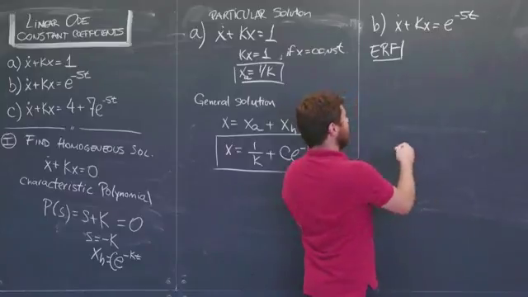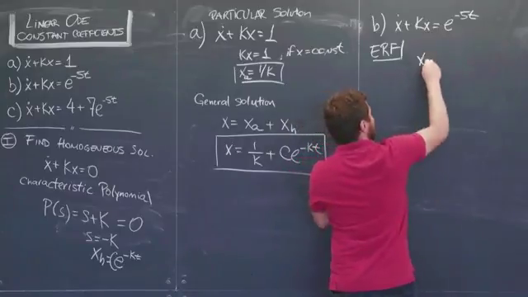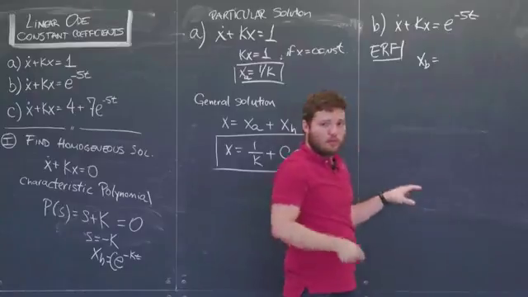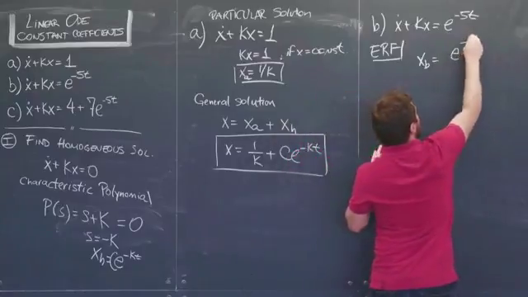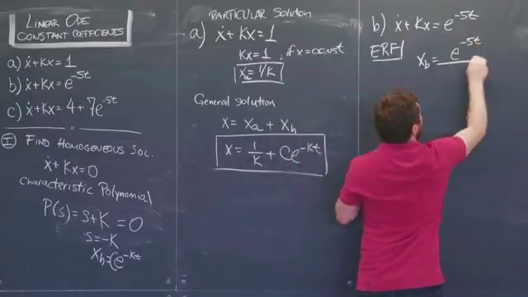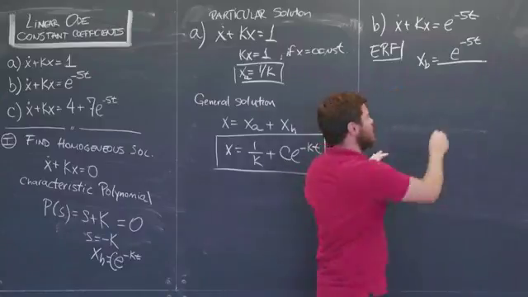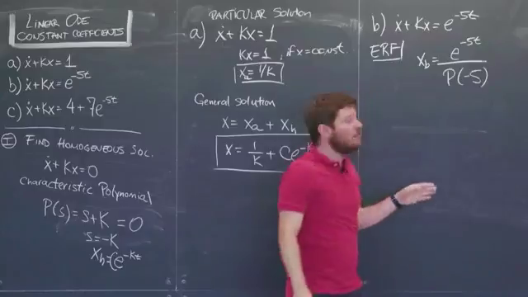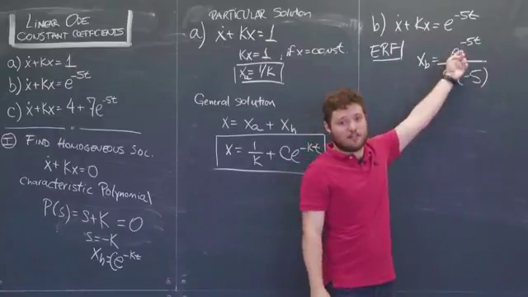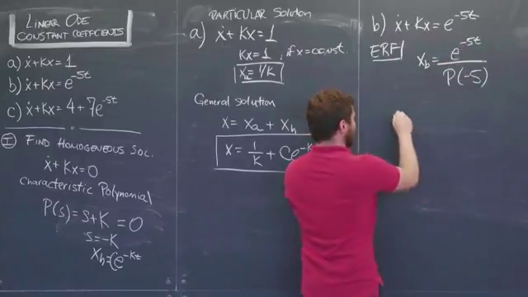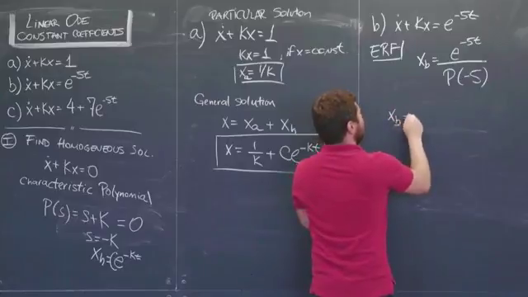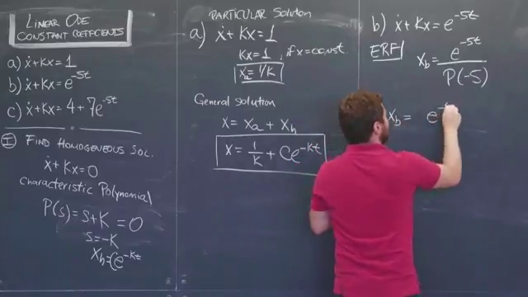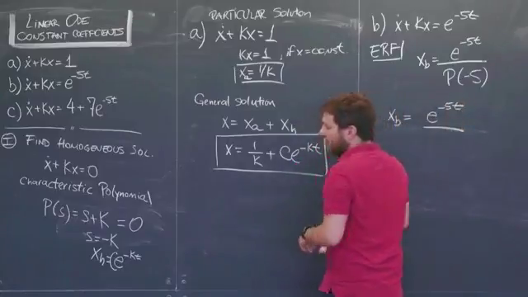In order to calculate the particular solution to this problem, we take the right-hand side, which is e to the minus 5t, and divide by the characteristic polynomial p evaluated at minus 5, which is the coefficient here in the exponent.